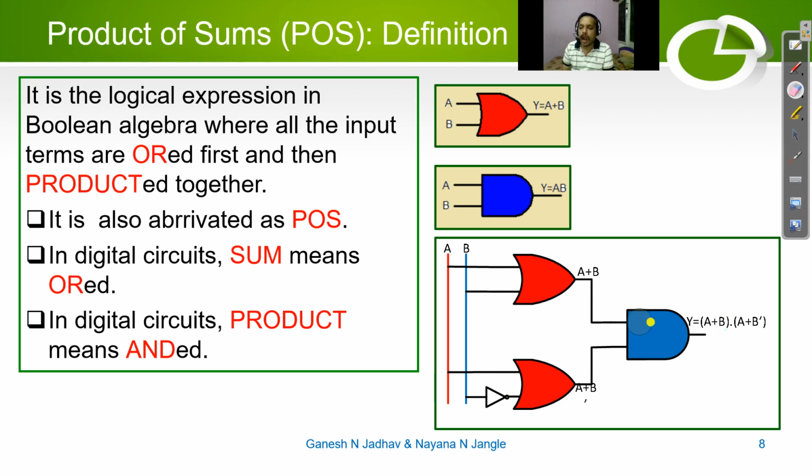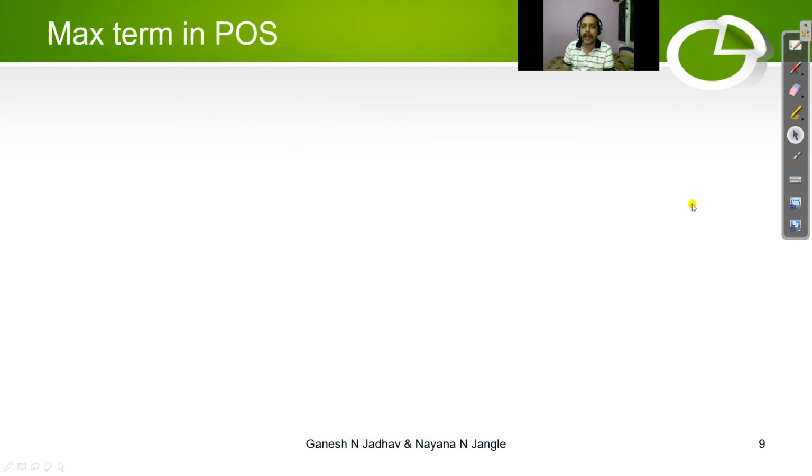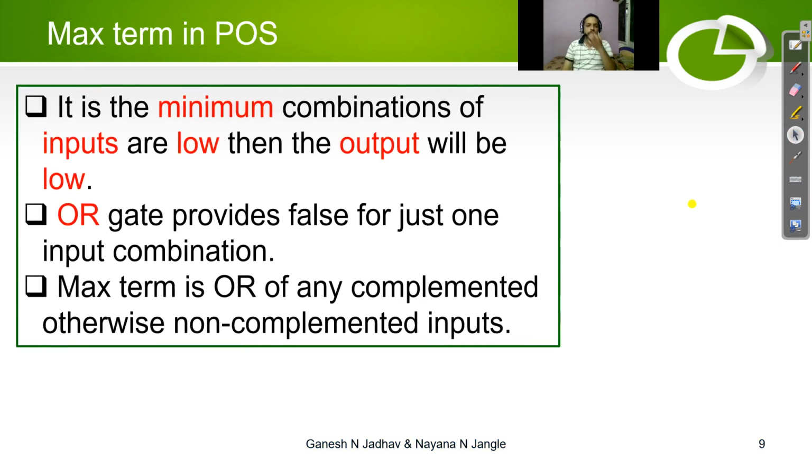Let's see how we can implement the POS in max term form. What are max terms? In the POS, the definition is: the minimum combination of inputs are low when the output will be low.